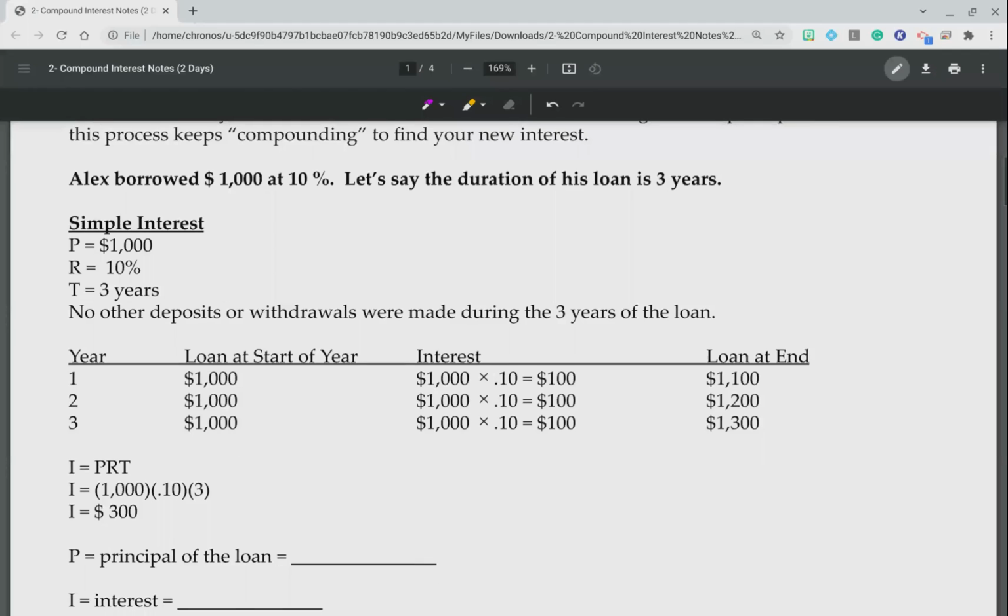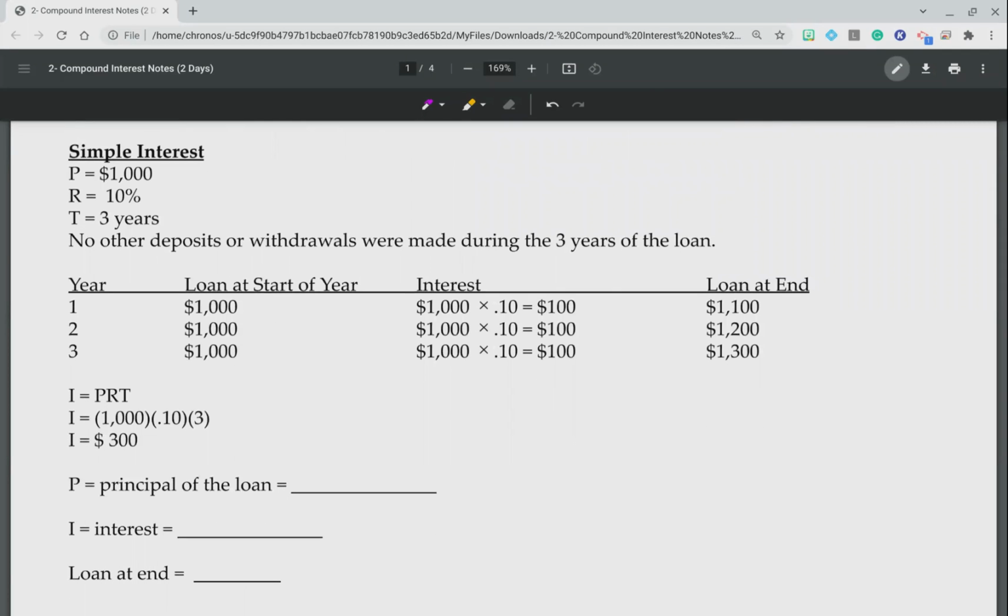When we're doing simple interest, in this example, P would equal 1,000, R would equal 10%, and again, remember, we would have to write that as 0.10. And our term is 3 years. If we were looking at simple interest, for the first year, our loan was $1,000.